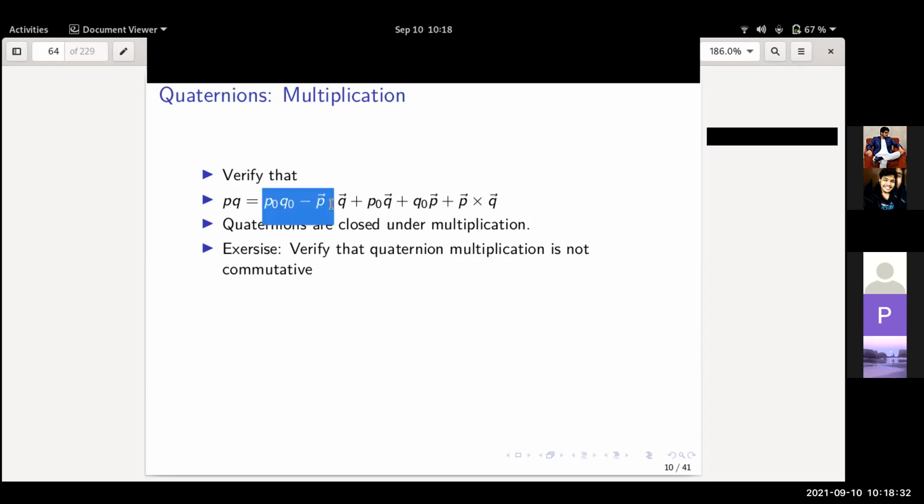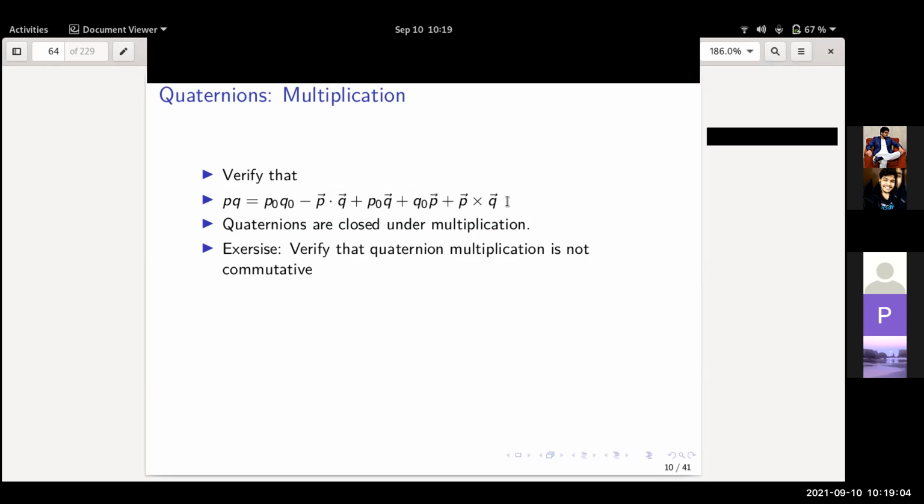But for every other quantity there is no issue. Here you have p naught q, it will become q naught p and p naught q, so it's the same as whatever we already have. And the dot product is commutative, symmetric, so there is no issue there. So the first four terms are commutative. Only the last term has trouble. So of course, the cross product is the one causing the non-commutativity property.